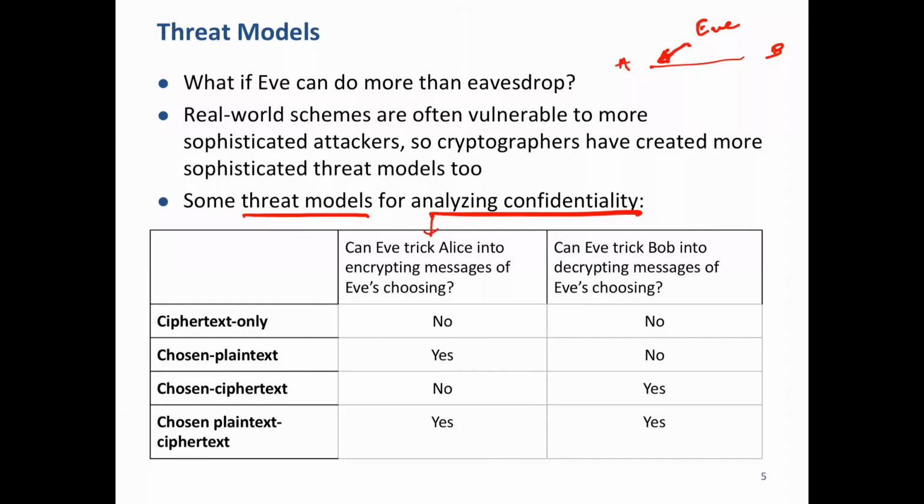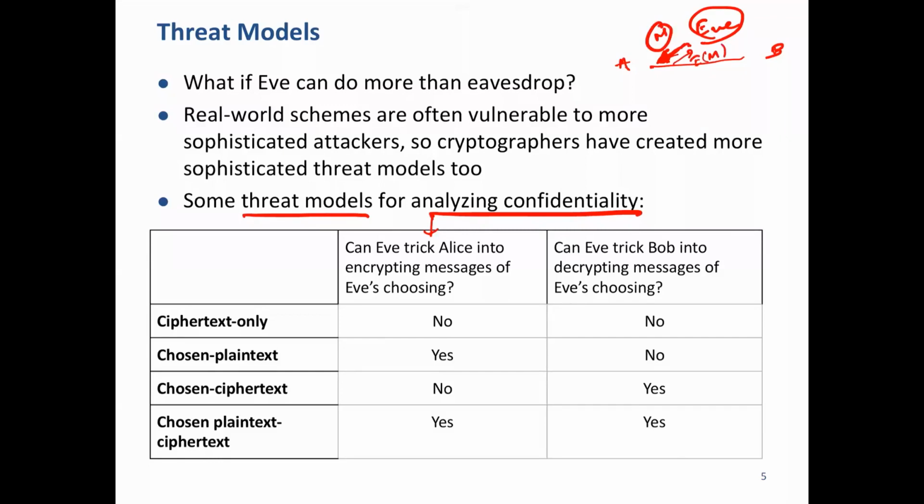Can Eve force Alice to encrypt a message and send it to her? So Eve will send a message, say M, to Alice, and can she force Alice to encrypt this message M and send this encrypted message back to Eve?